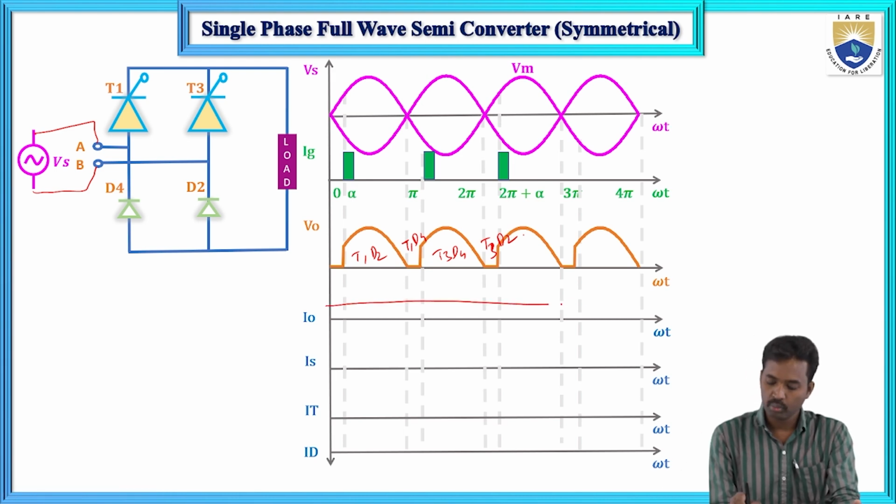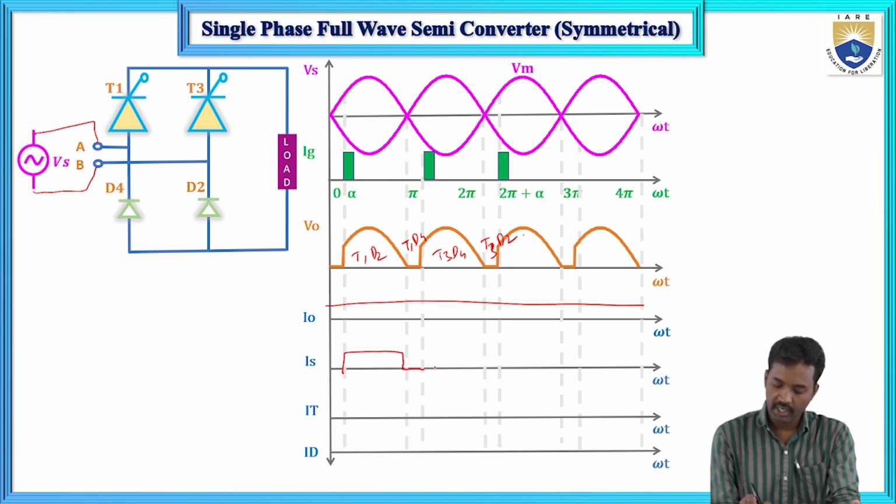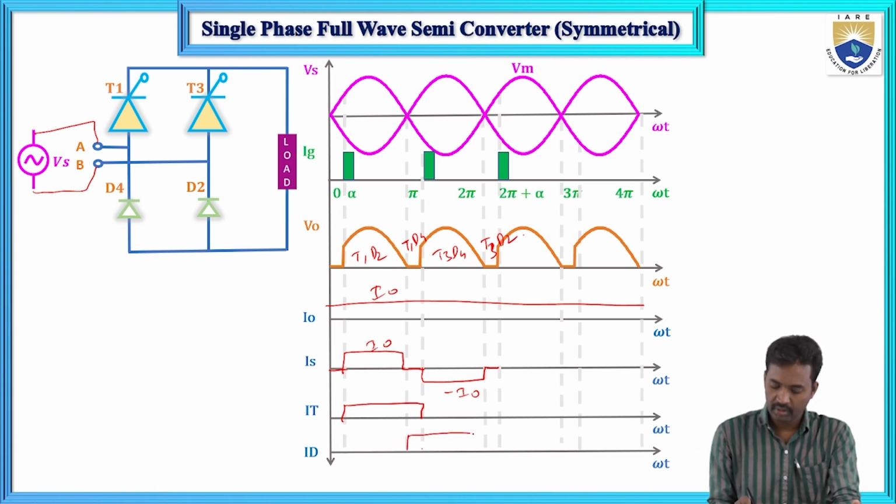So now this is the output voltage and output current, and this is the diagram we got. And next, what about the thyristor current? This is I naught, minus I naught. And now the diode current, this is for D4 current. So this is for T1 current.